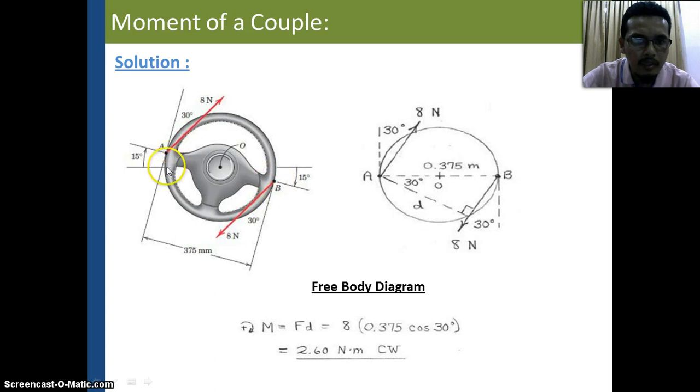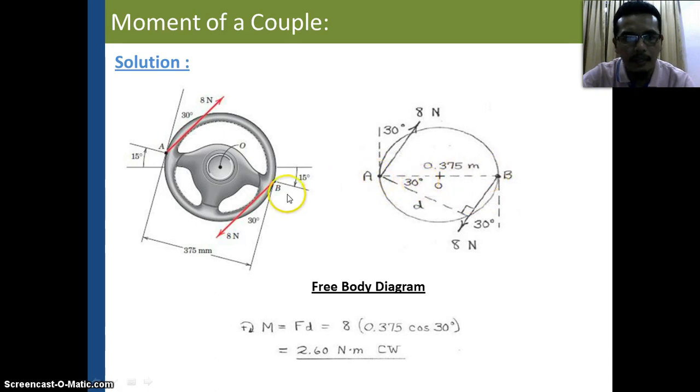Although it's 8 Newton, it would only be multiplied at this force, but this one is radially inward. So we need to turn this steering. We need to find this D, not this diameter. How do we find this D, the distance between the two separated forces? We have 0.375.